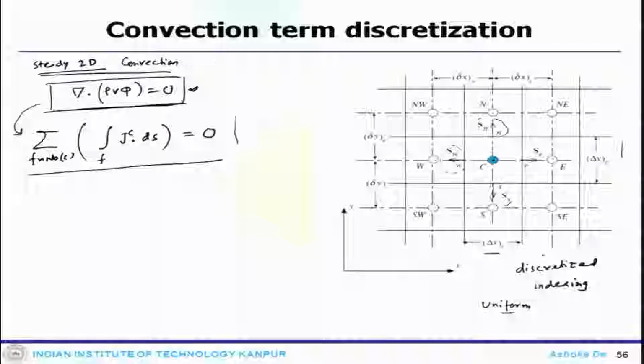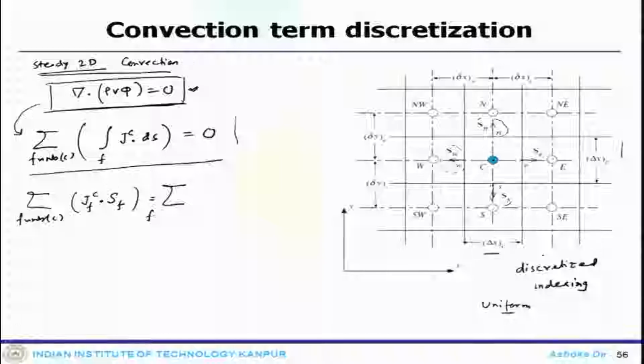Now, if you expand these terms, this looks like the summation over f of J_F for convection dot S_F, which equals the summation over f of rho V phi at F dot S_F.